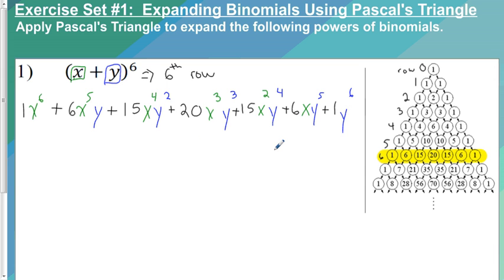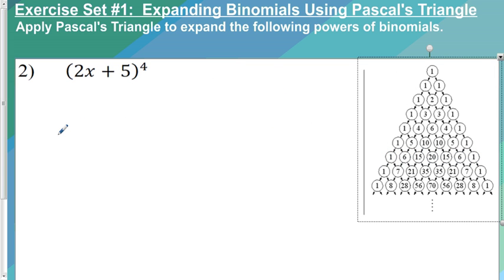So if we take example number 2, what's different about this is rather than just having x, I have a 2x. Rather than just having y, I now have a number, I have 5. And so we're going to look at how we can use Pascal's triangle to expand a binomial with coefficients and constants that aren't just variables. So if I take a look, 4th power means I want to look at the 4th row.